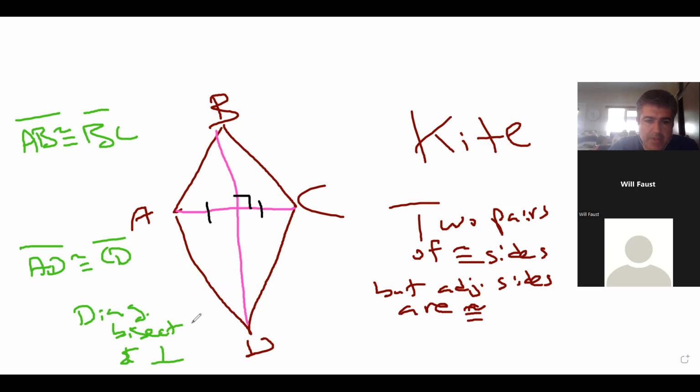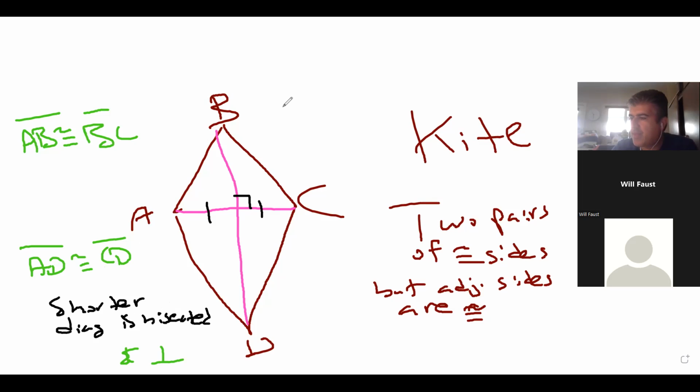So the diagonals will bisect the shorter, or the short diagonals bisect. Let me rephrase that. Okay. So that's a kite. I'll give you guys a chance to jot that down.